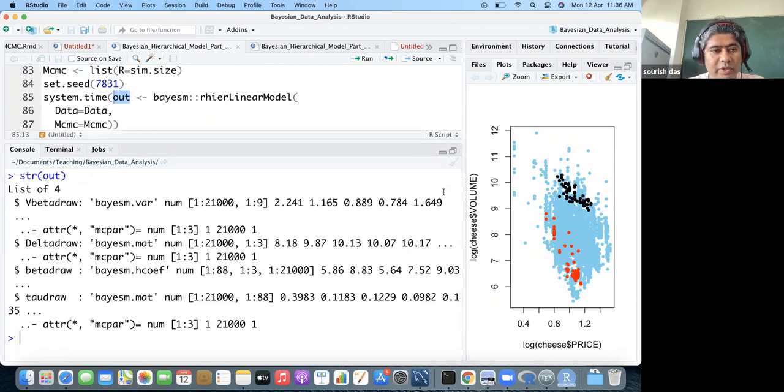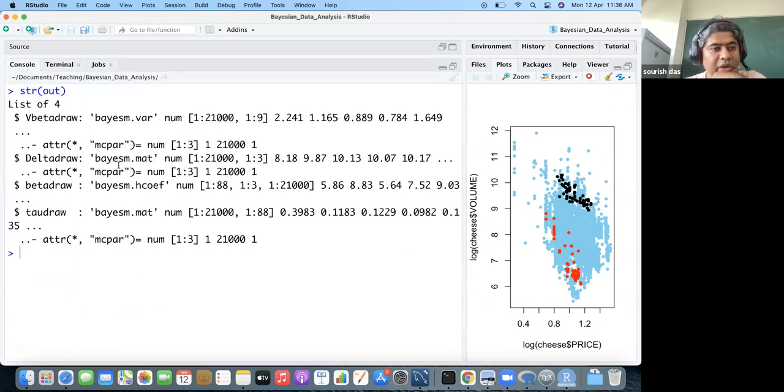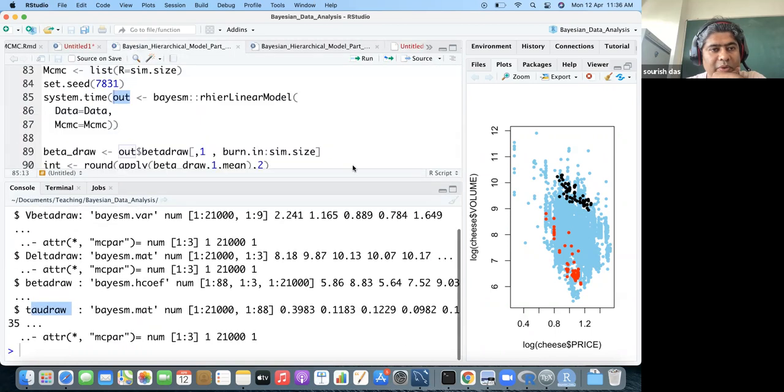So a lot of things are being given, but the main thing is our beta draw and tau draw. Beta is basically my coefficient. So let us first extract the beta draws.